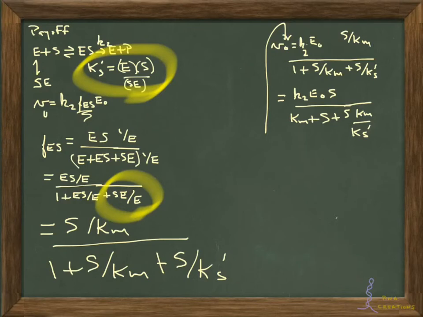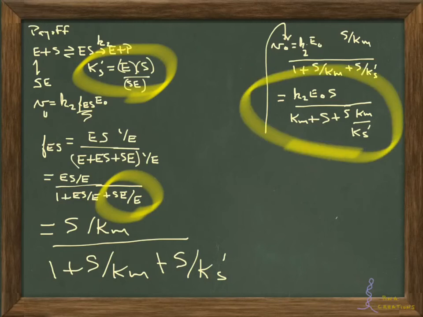All right, so I'm a big units person, and if you look at this expression, just to talk about units for a second, the units in the denominator on the first term, Km has units of molar, S is molar, and then in the third term, S is molar, and Km and Ks have the same units. So they're all molar. It means you can add them together. Remember, you can only add things together if they have the same units.